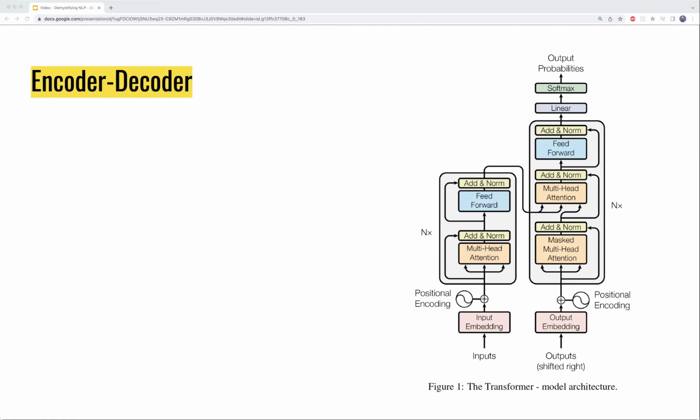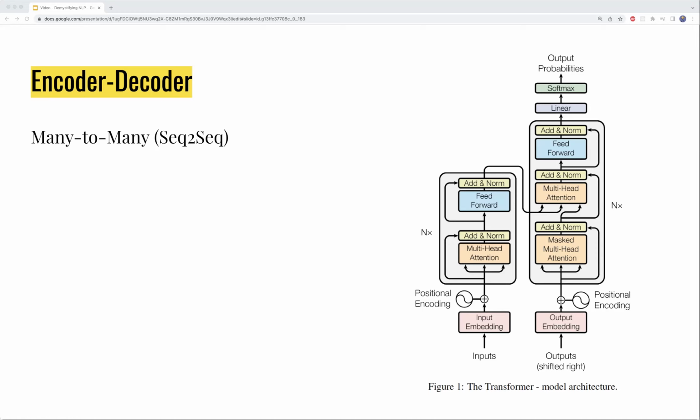Now, there's tons of transformers out there, but they roughly fall into three types. In the original paper, transformers had both an encoder, see on the left, and decoder on the right. And these generally take a sequence of input, but also generate a sequence for the output.